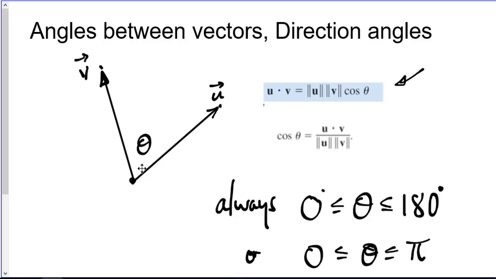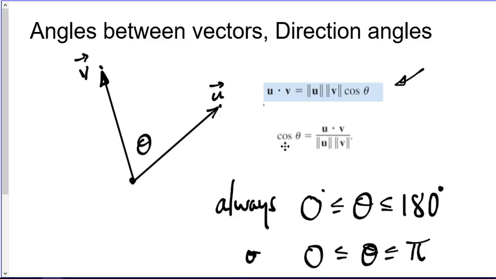So within that plane, those two vectors form an angle, and it's that angle between 0 and 180 that is the unique angle between any two vectors. So we can rewrite this relationship with the dot product in this form.